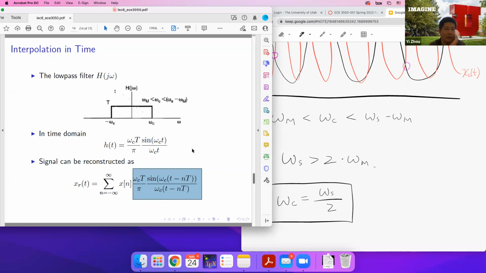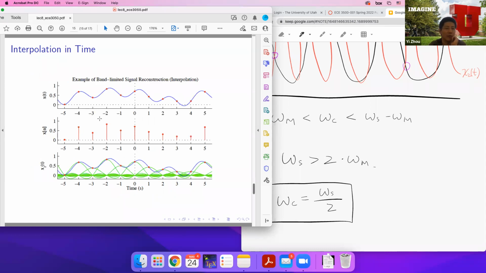So you have a sinc signal located at the same location, and then the difference is that these sinc signals will be scaled by the value of your discrete sample x[n]. So for example, if you look at this one, this is a discrete sample of your discrete signal. And right at this location, you look at this blue curve, you have a sinc signal centered at this location and scaled by the magnitude of this discrete value. So it looks like such a sinc type signal.